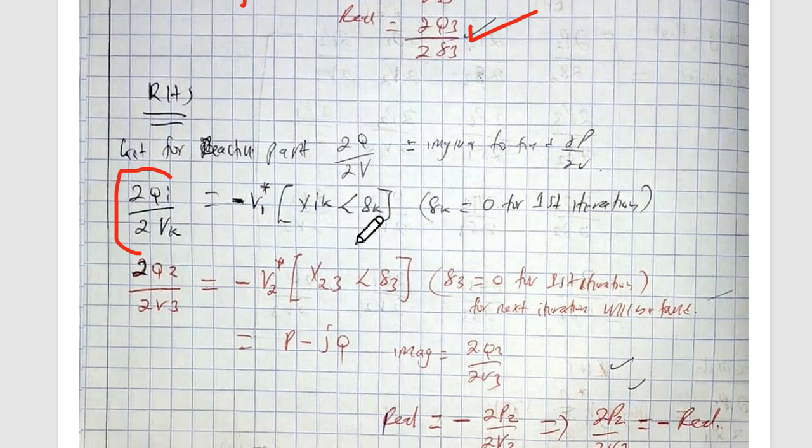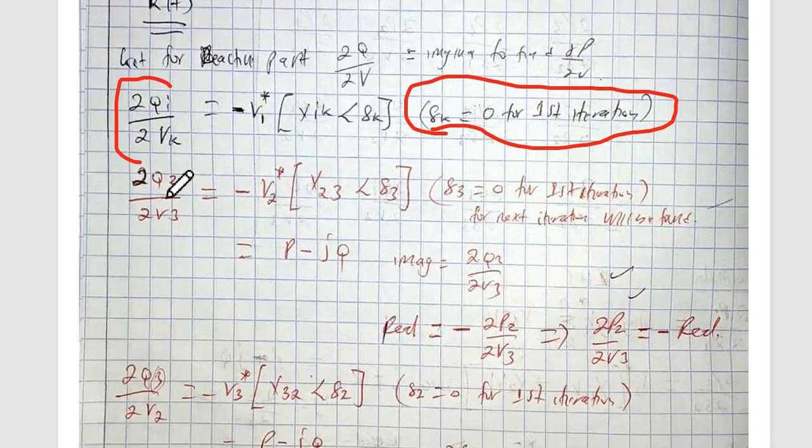We have the angle of vk instead, which for the first iteration, delta k is 0, so you'll just be having negative v1 conjugate into yik because del k is 0.